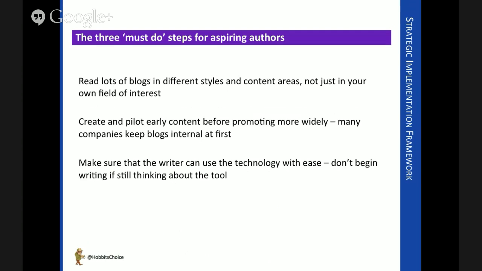There are 3 must steps for me that aspiring authors need to keep in mind. First of all, they need to be avid blog readers, not just in your own area, but lots of different areas. They need to look at different styles of blog, different types of content. You need to keep thinking of different things to write about and in different ways. So blog writers need to be good blog readers.